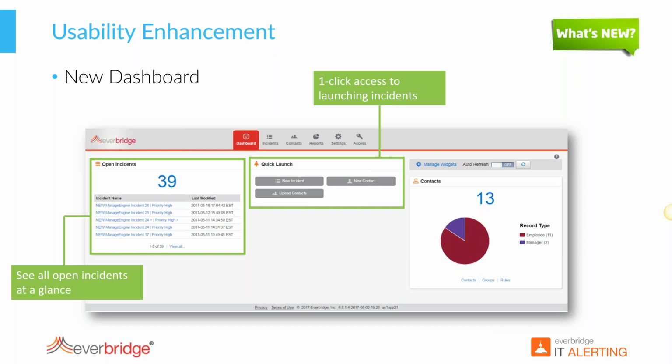From the quick launch pad, we can now start a new incident in one click, and we don't have to go back and forth between the different tabs. So again, this is the first step moving forward, a better usability of the UI.